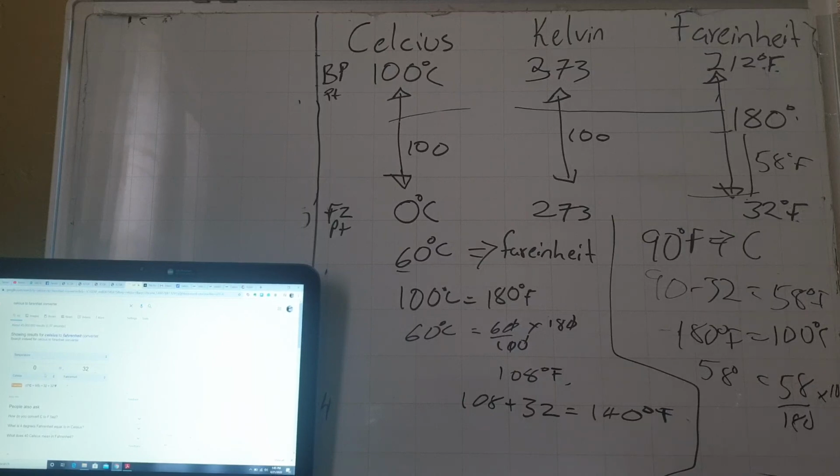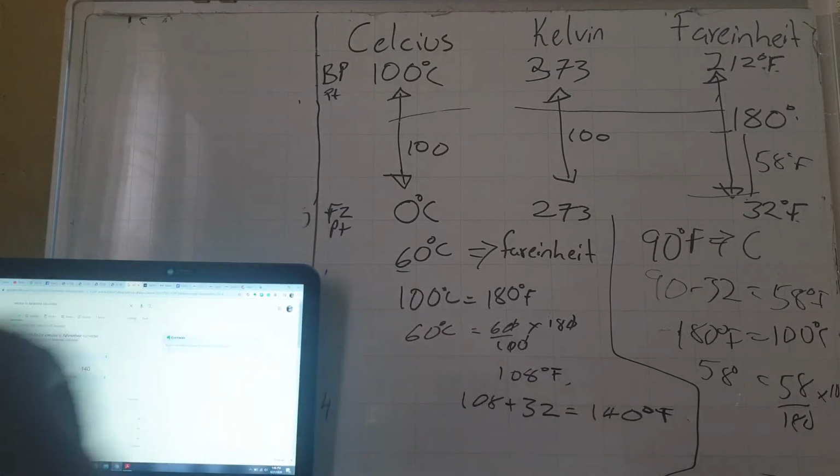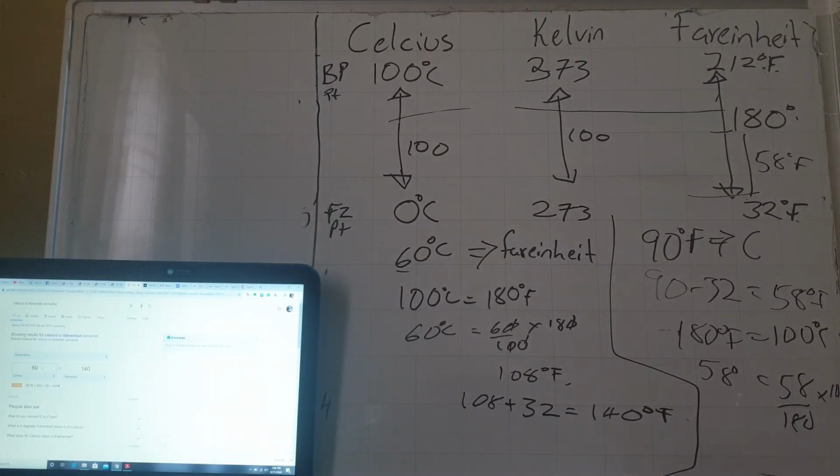For example, the first one was 60, and we got our answer, 140. Good. And then the next one was Fahrenheit, 90. So our answer here should be 32.